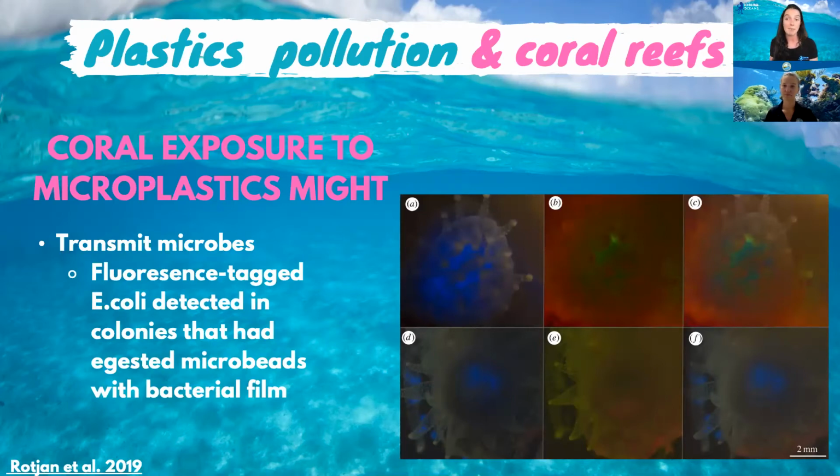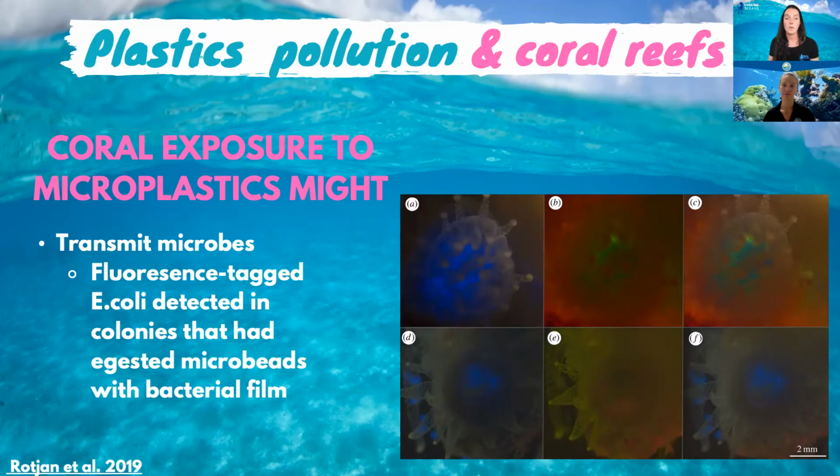This is applicable to real world scenarios because microplastics in the environment have been shown to act like sponges for toxins and absorb toxins more readily than natural sediments do. So they tagged the bacteria with green fluorescent protein, got it to latch onto the microplastics, and then fed these microplastics to the coral colonies.